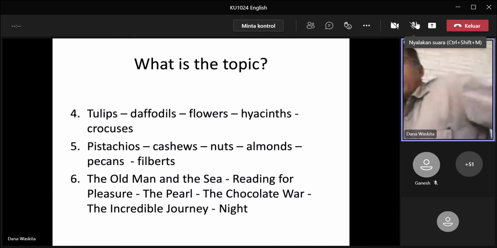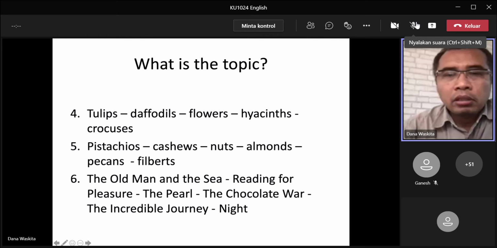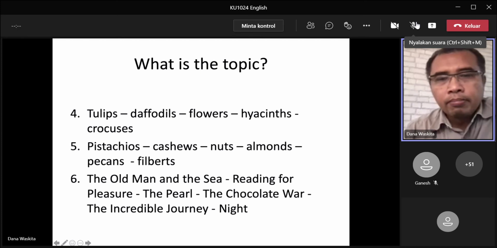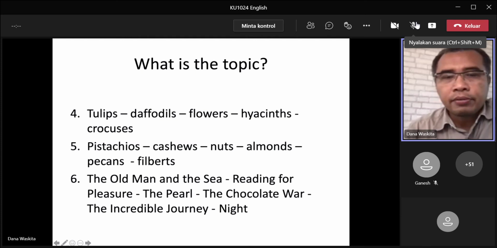So you can find that all the titles are part of materials for pleasure reading. From number one until number six we can learn that the topic can be a part of the group itself, but it is more general than the others.